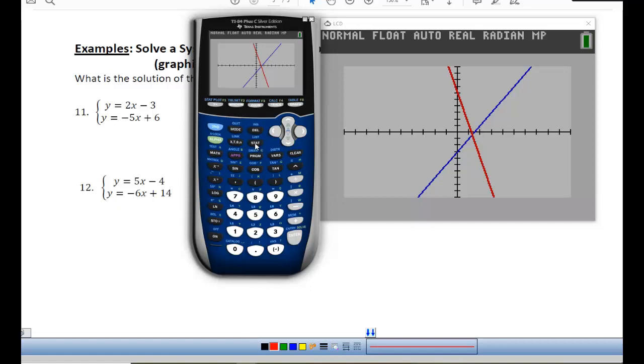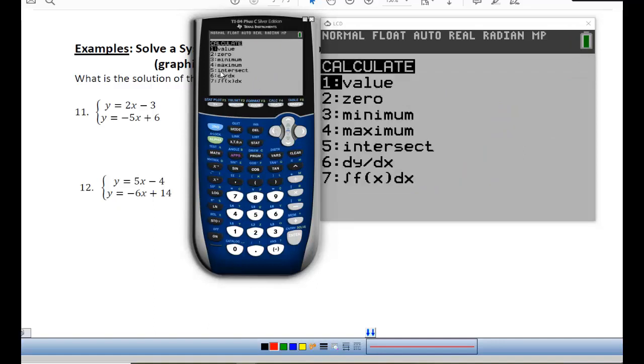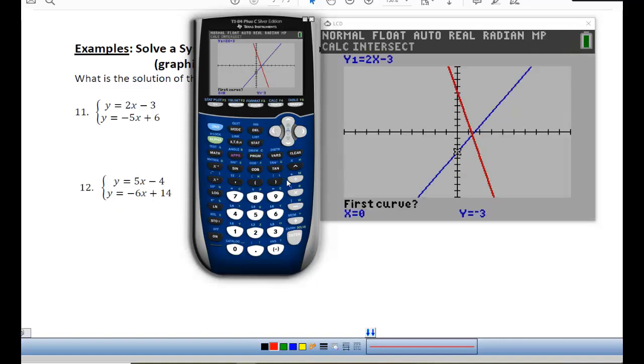Now your calculator will actually find that for you. So we hit second. Over here, the trace key, you see that blue calc right up above. So second, that blue key gets me that blue option. And I'm going to go to number 5 here, the intersection. It asks me to identify, based off the first curve, where that is. So I'm on the blue line. Anywhere through it, you can really just hit enter, enter, enter. The red line, and it asks me to kind of guess. So I move a little closer.